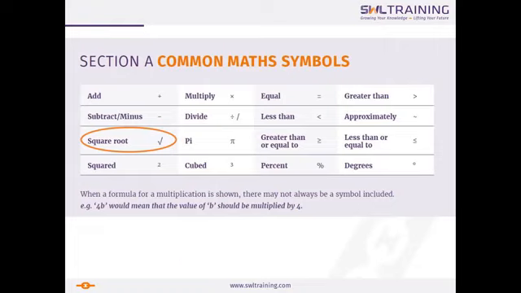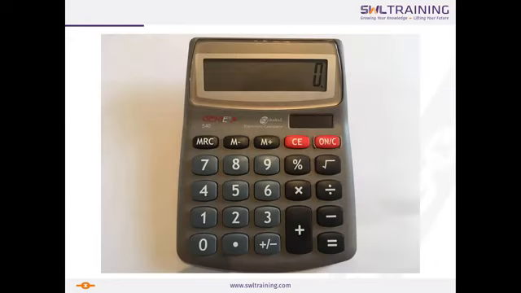For example, if you were to take 16 and square root 16, you would get 4, because 4 multiplied by itself gives you 16. So 4 is the square root of 16. On your calculator, the square root symbol will be as shown here. Let's take a look at some examples on the calculator.